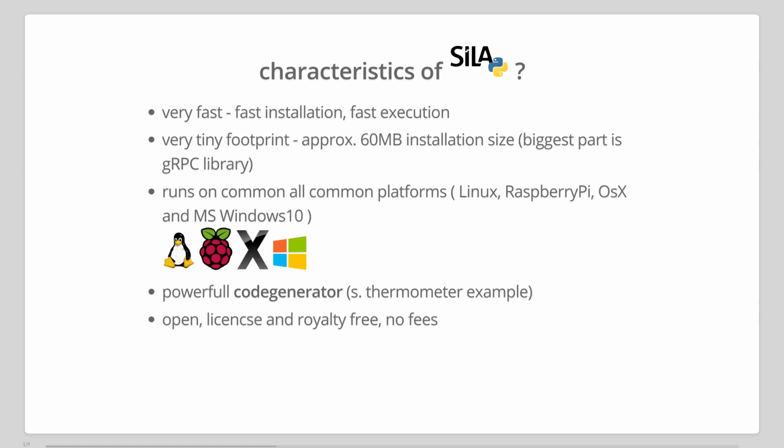A very powerful feature of the SiLA Python implementation is its code generator, which can, based on the feature description language, so an XML-based description of the features, compile that into already runnable Python client and server code.